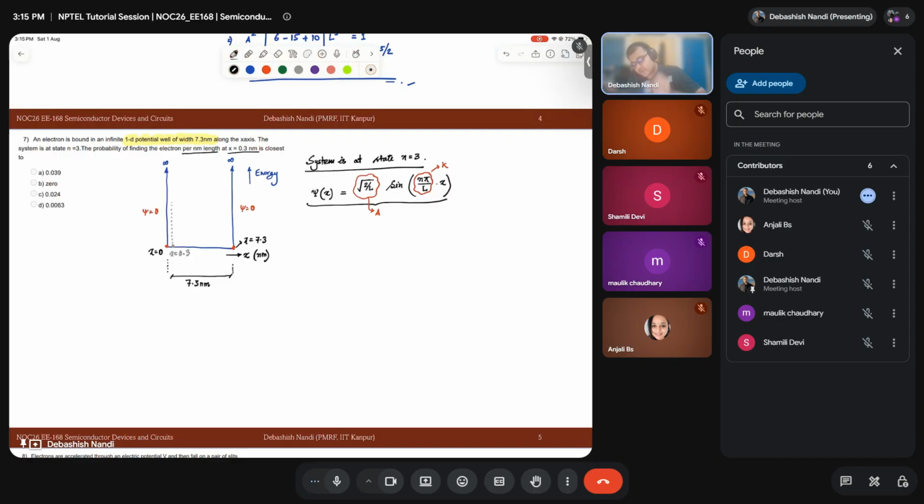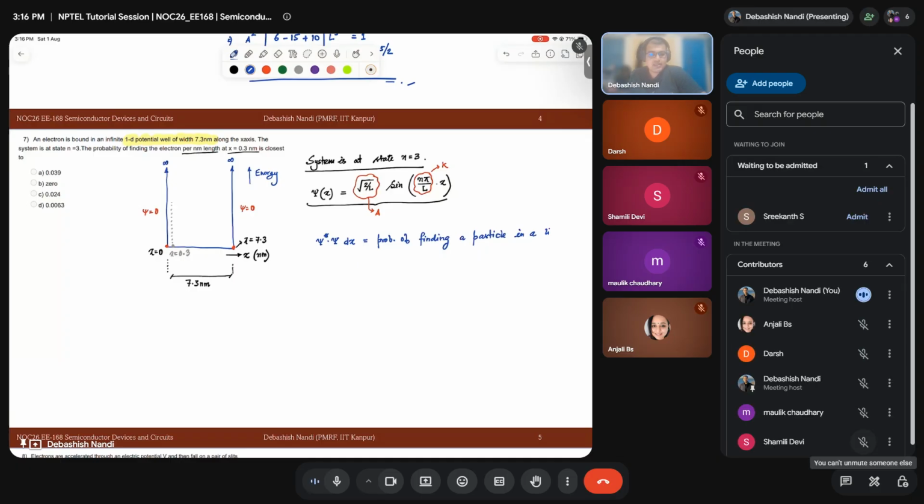So now the question is, we need to find out the probability, right? What is probability? That also we have discussed. So this quantity psi star psi dx, let's say, gives you the probability of finding a particle in a, as it is 1D, it will not be volume, it will not be area.